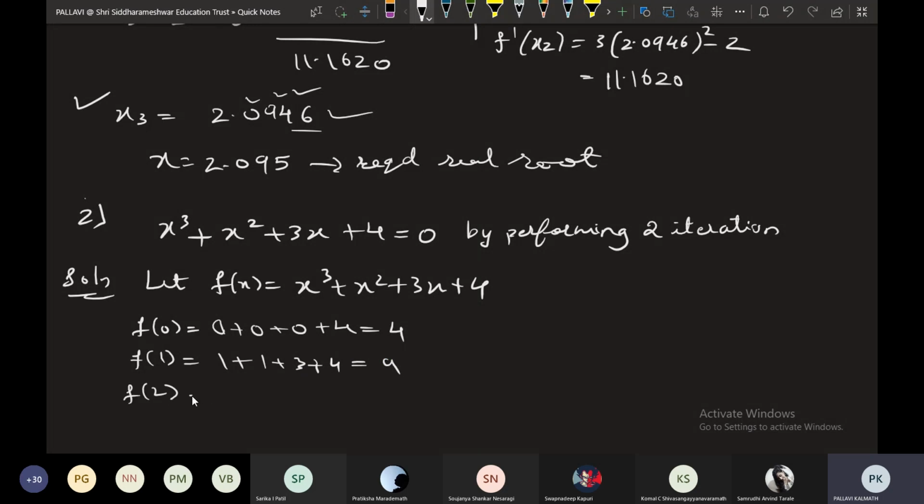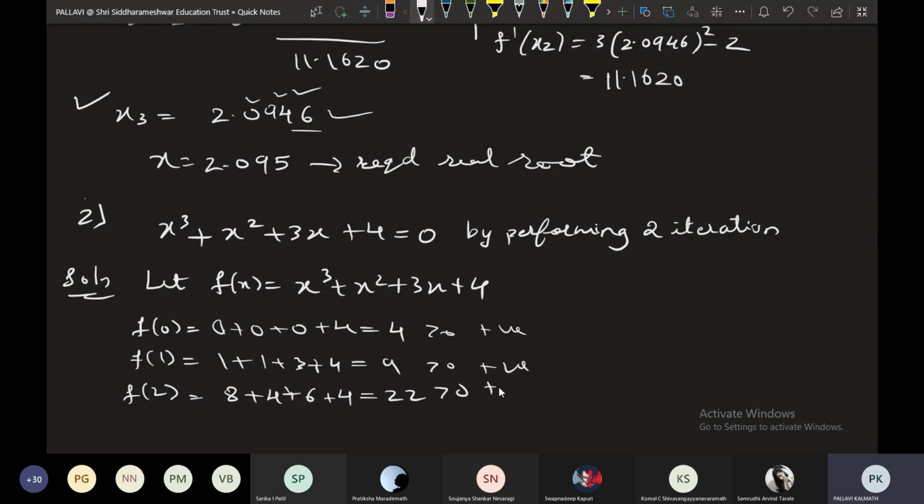What will be f of 2? 2 cube is 8, plus 2 square is 4, plus 2 into 3 is 6, plus 4, which is 22. So what is the observation? All are greater than 0, no?